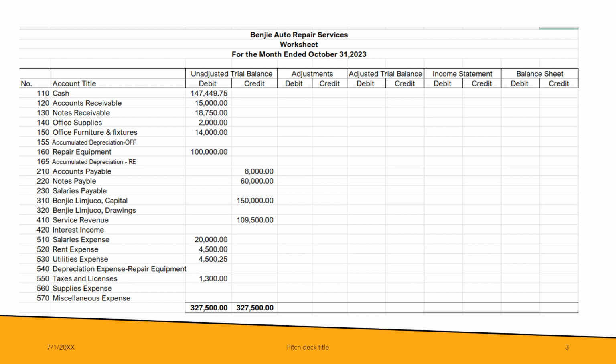Right after the unadjusted trial balance is the adjustments column. You cannot prepare the adjusted trial balance, income statement, and balance sheet without first accomplishing this adjustments column. So it means as bookkeepers or accountants, you have to be knowledgeable in preparing adjusting entries. And that will be our next topic in the next slide.